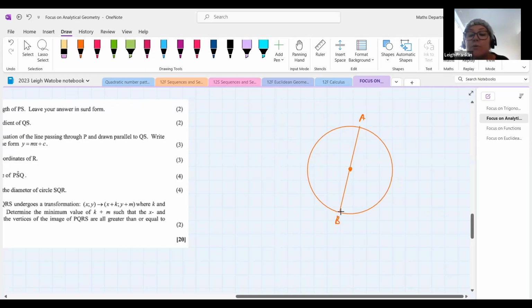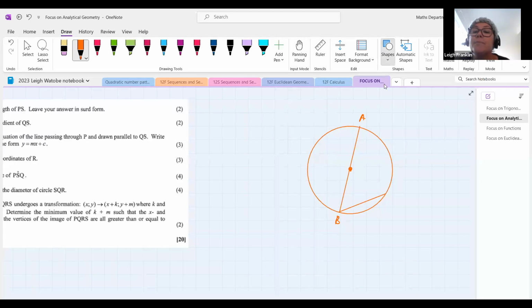B to the circle, so if I join that line to the circle and I do the same thing from A to the circle, over there, I could call this point C. And if I told you that AB is, or this was given, that AB is a diameter, what would you conclude?